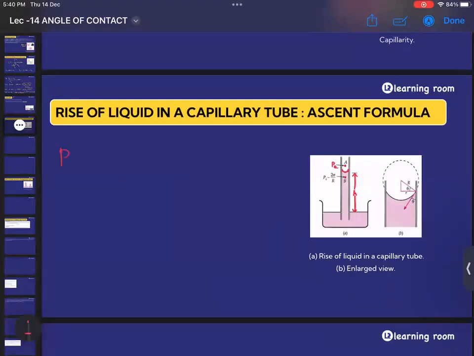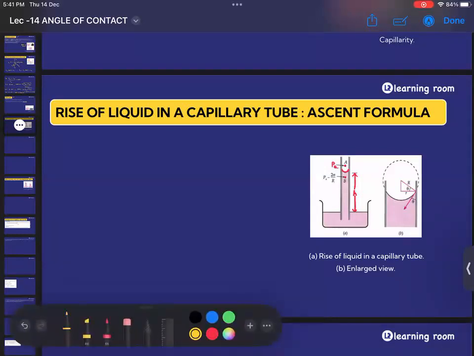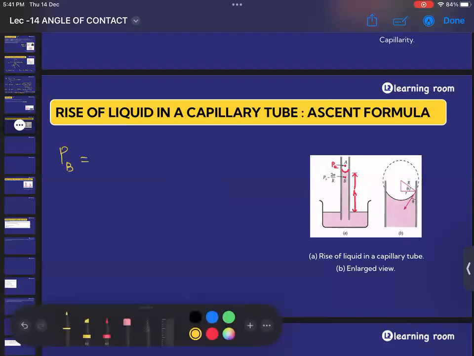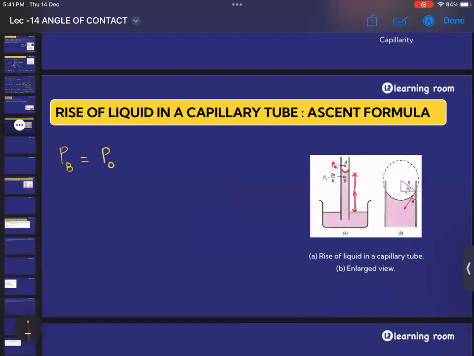Can I say that the pressure at point B is equal to the pressure at point A minus 2T divided by R?